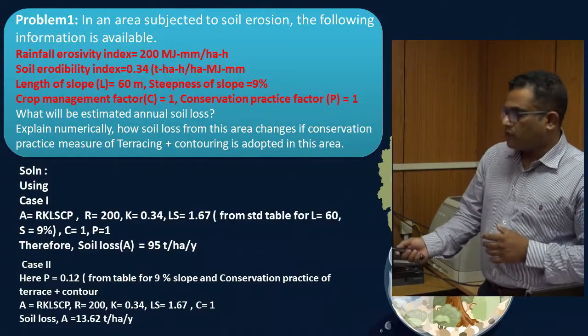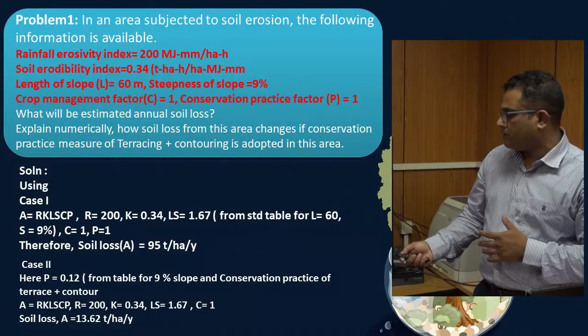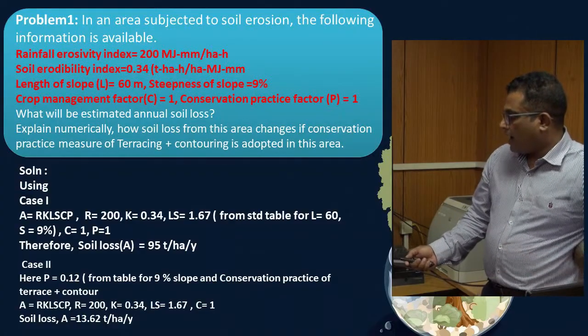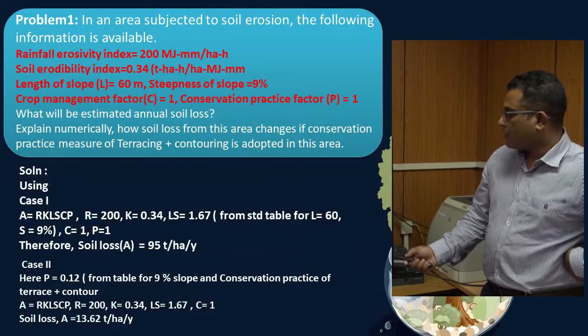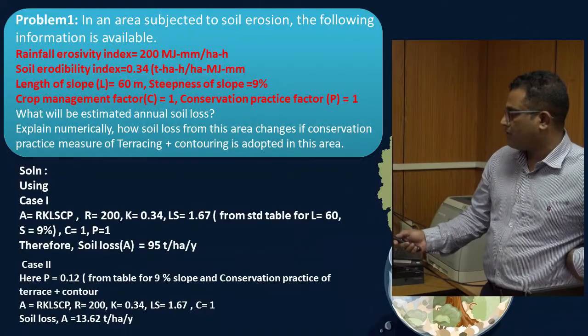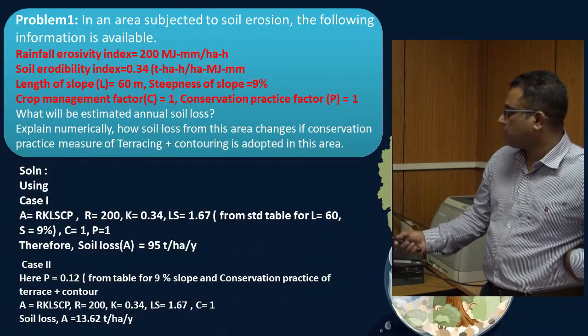Now using the solution, using the RKLSCP universal soil loss equation, R here is 200, K is 0.34. The combined effect of L and S, length of slope is given 60 meter, steepness of slope is 9%.